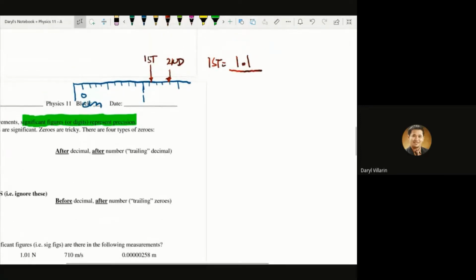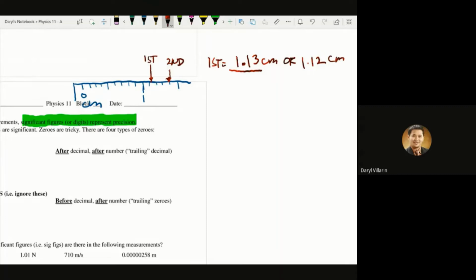If you're doing a measurement, you can actually approximate the last portion. Since it is more than 1.1 but less than 1.2, I can say that this is around 1.13 centimeters, or you can even write 1.12 centimeters.